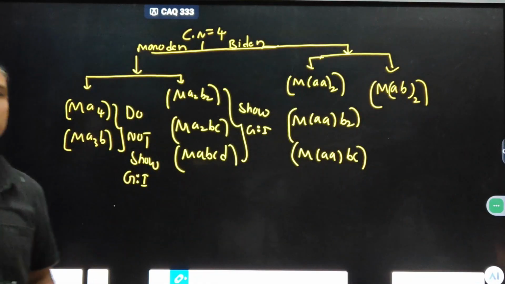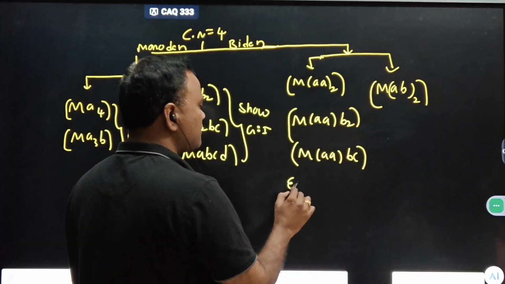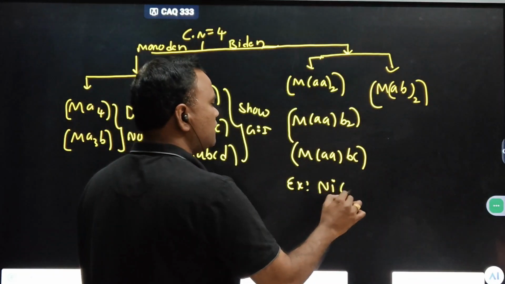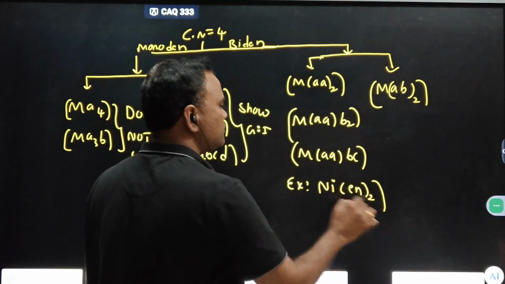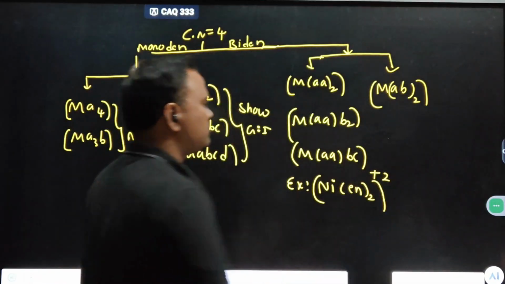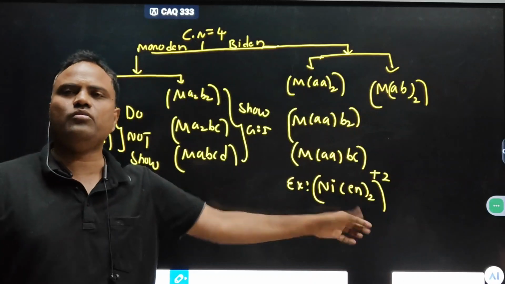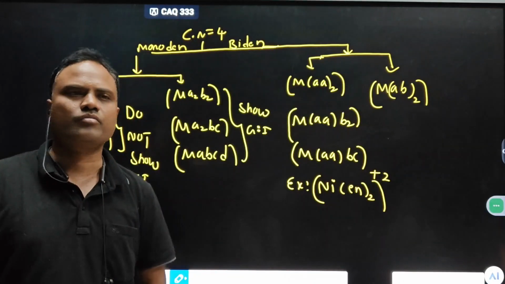What is AA here? It is a bidentate ligand. Once look at this. Nickel en taken twice. Will it show GI? In ethylene diamine, what are the donor atoms? Nitrogen.